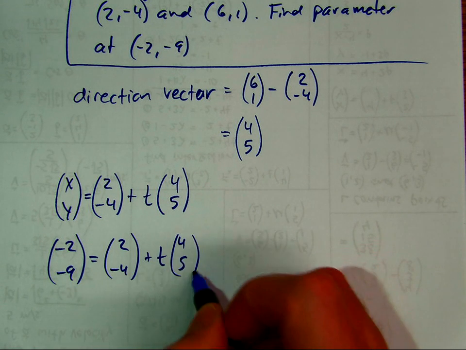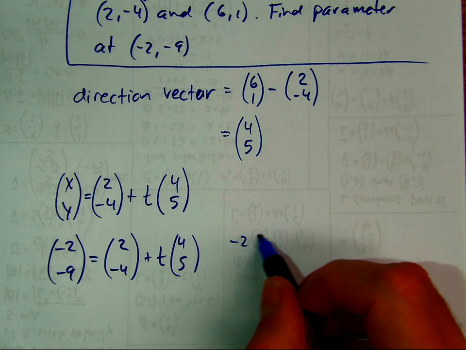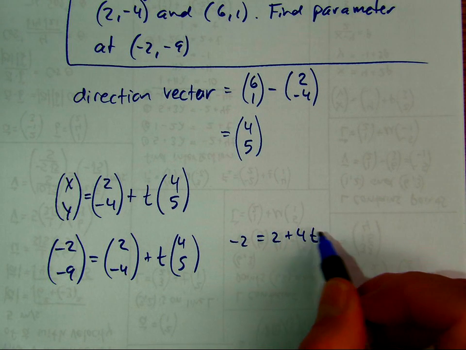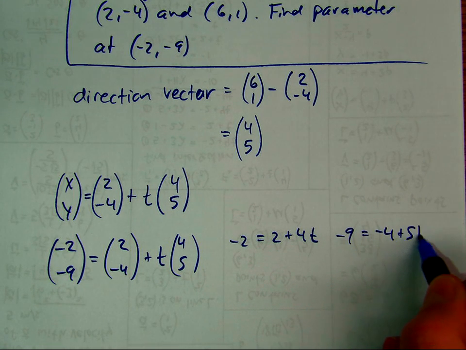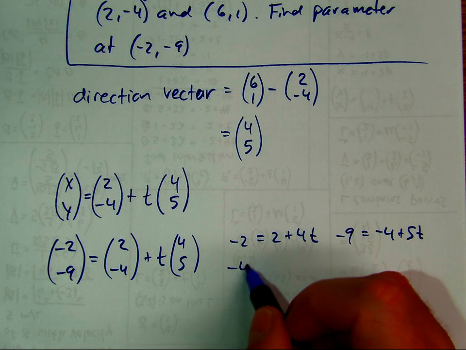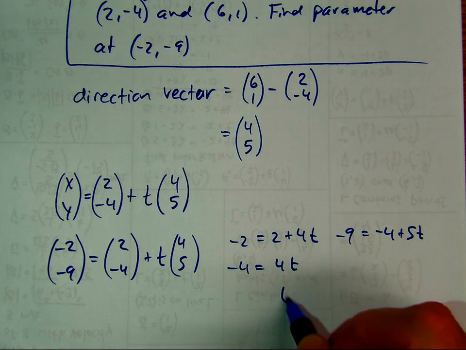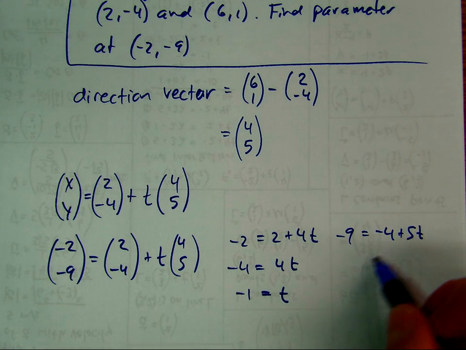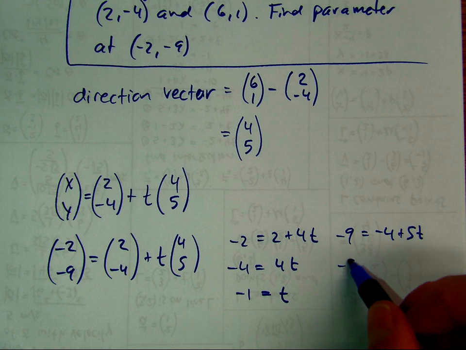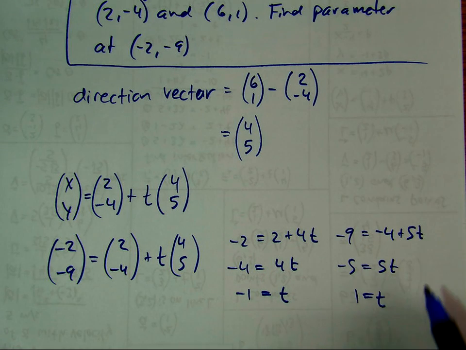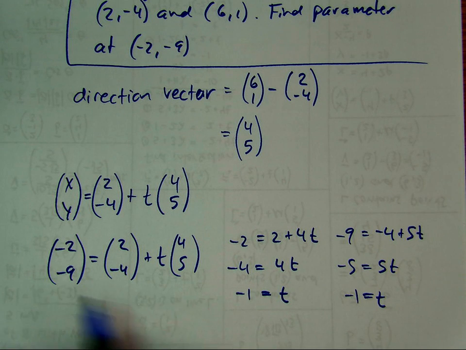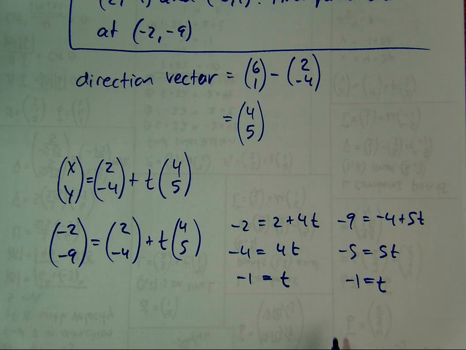So we have negative 2 equals 2 plus 4t. Negative 9 equals negative 4 plus 5t. Subtract, negative 1. And here we're going to add. So the value of the parameter at that point is negative 1. And that's the end of this lesson.